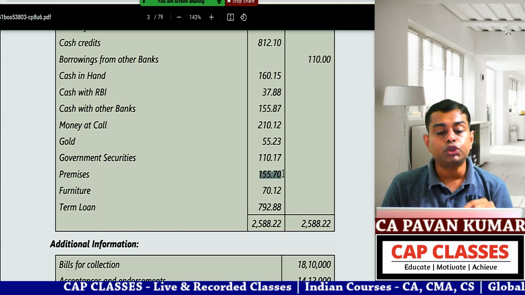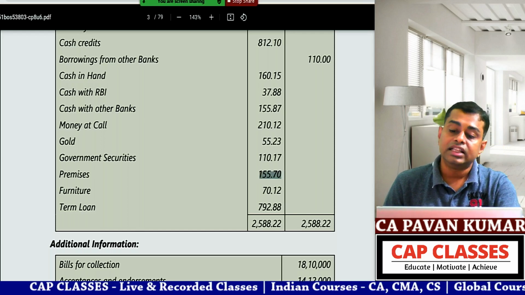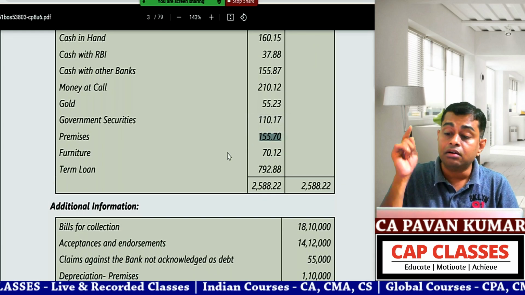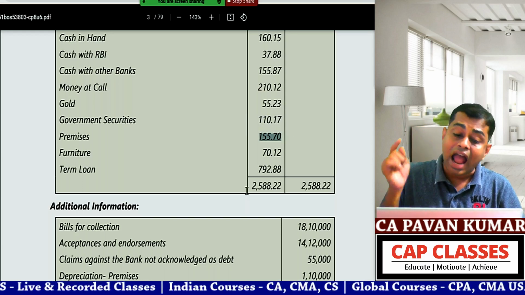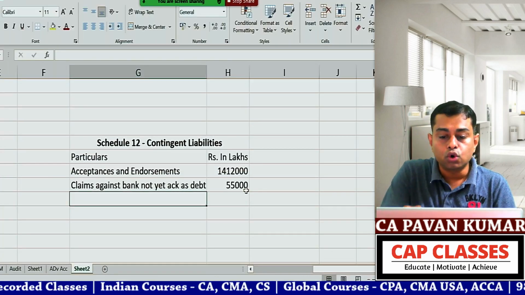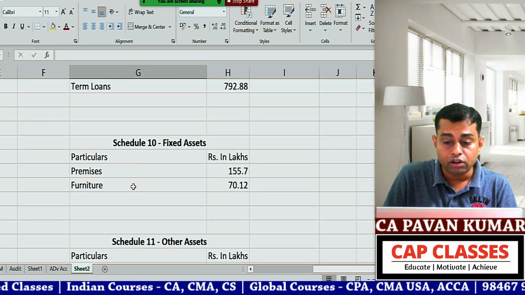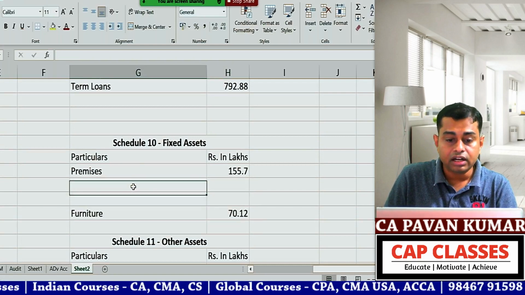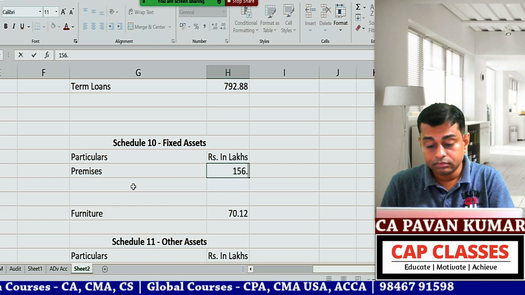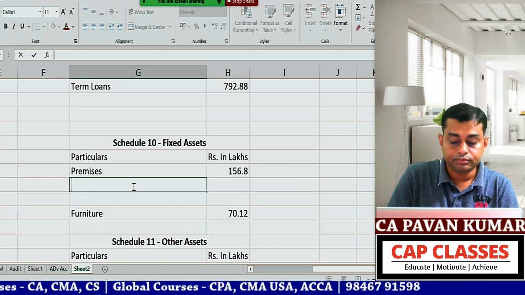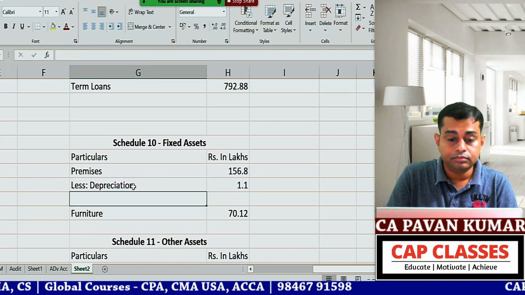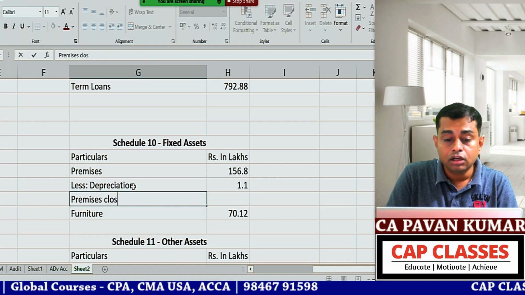If you want to show gross block minus depreciation, what you need to do is this: 155.7 is the amount after depreciation, add back 1.1. So gross block is 156.8. Go to the assets side and write premises 156.8, less depreciation 1.1, premises closing balance.